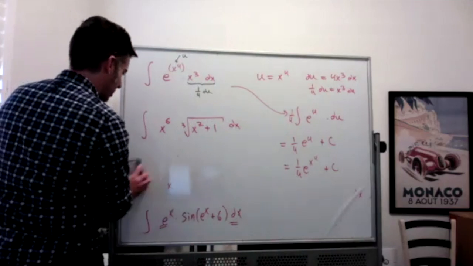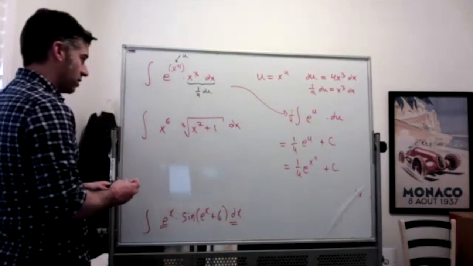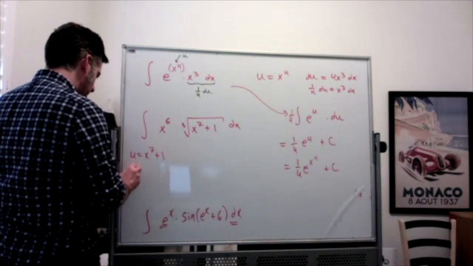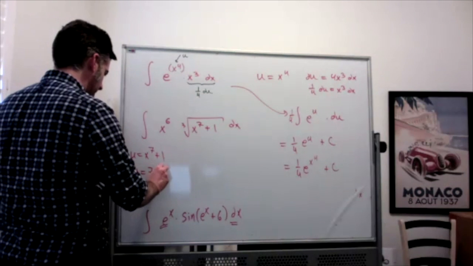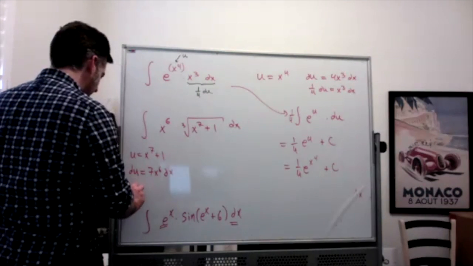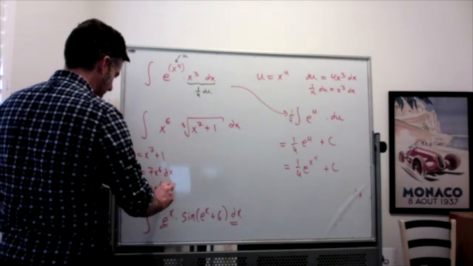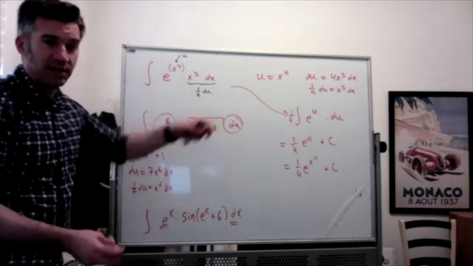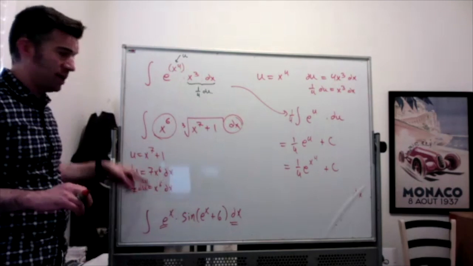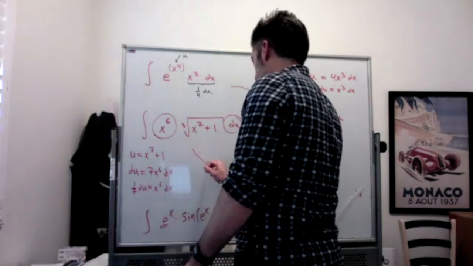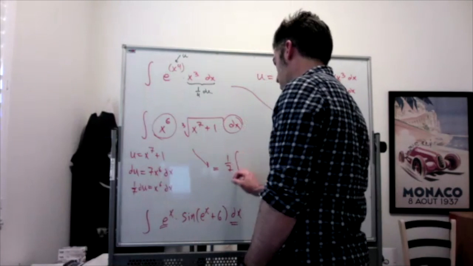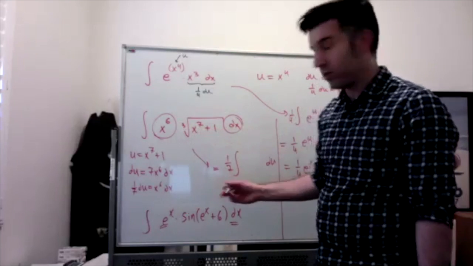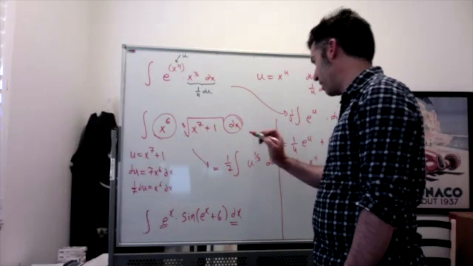Let's go ahead and do the x to the 6th one. So here we would let u equal x to the 7th plus 1. Our du is 7x to the 6th times dx. 1/7 du is equal to x to the 6th dx. So my x to the 6th times dx, all that's going to go away and get replaced with 1/7 du. So this here is equal to 1/7 du, and then it's going to be the cube root of u, or u to the 1/3 power.